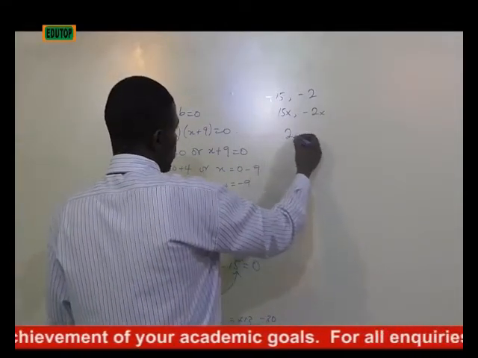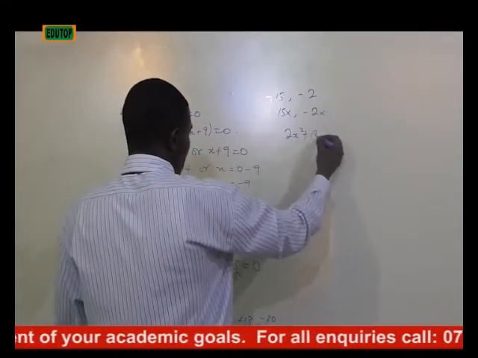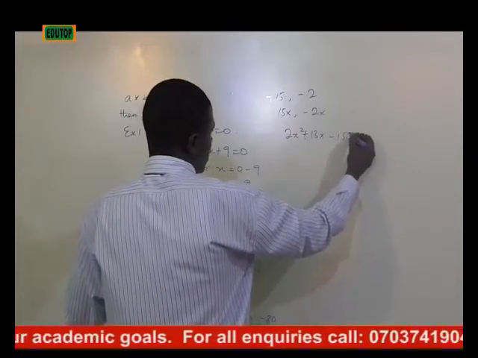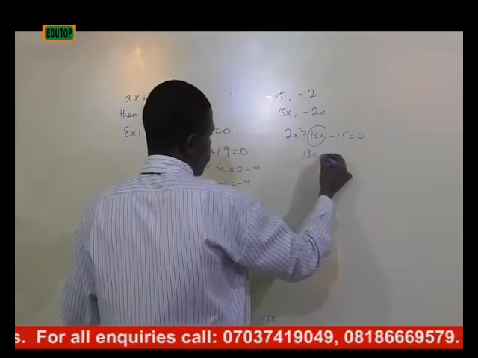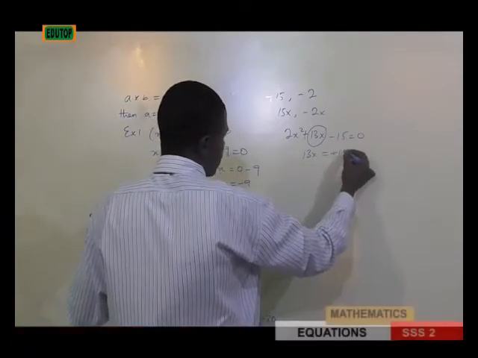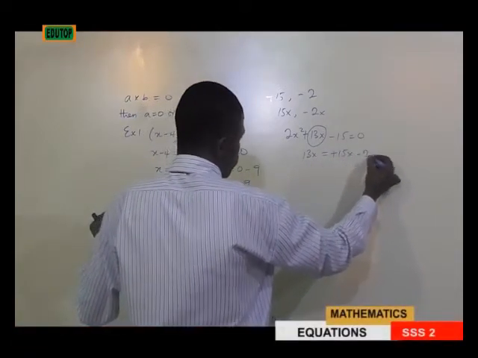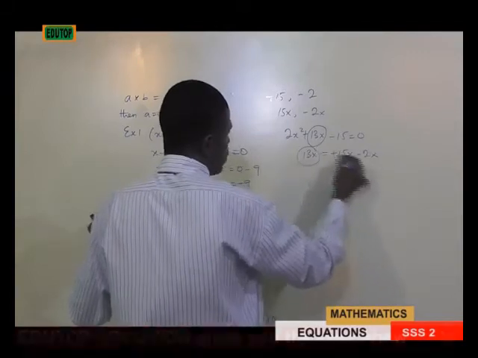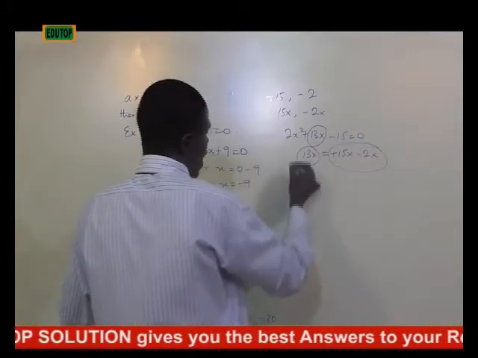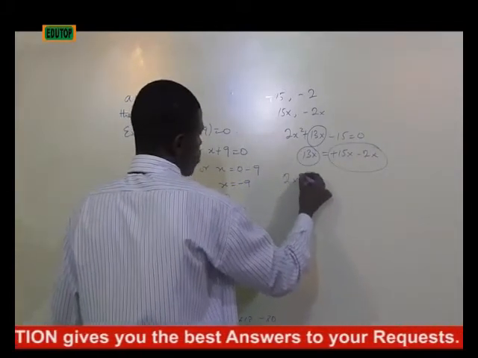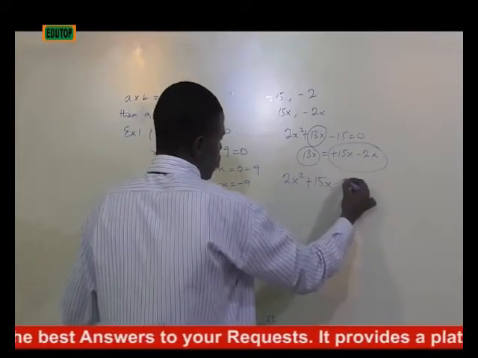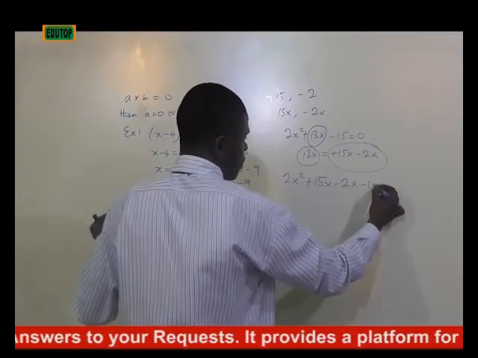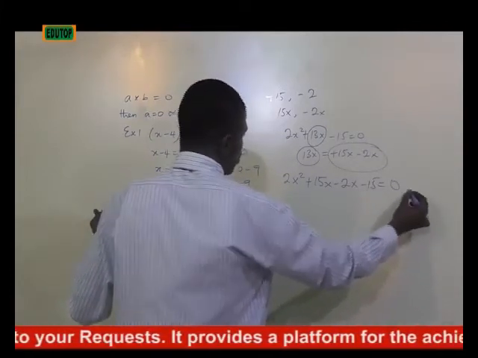So we have 2x squared plus 13x minus 15 is equal to 0. So this 13x will be substituted for plus 15x minus 2x. So in rewriting the equation, we now have 2x squared plus 15x minus 2x minus 15 equal to 0.